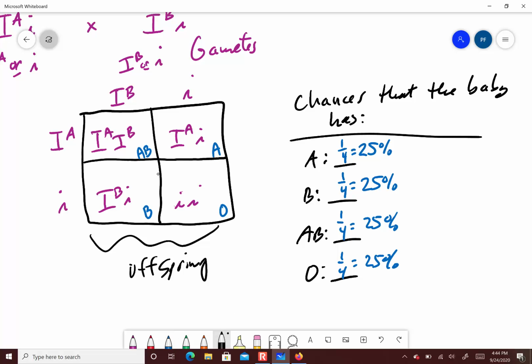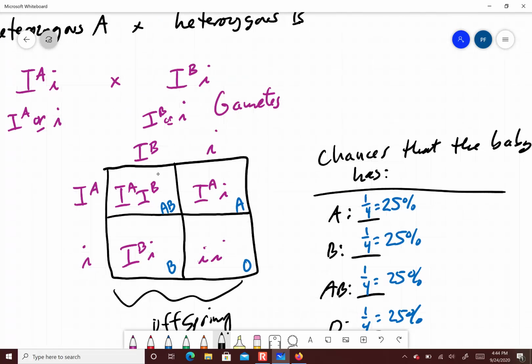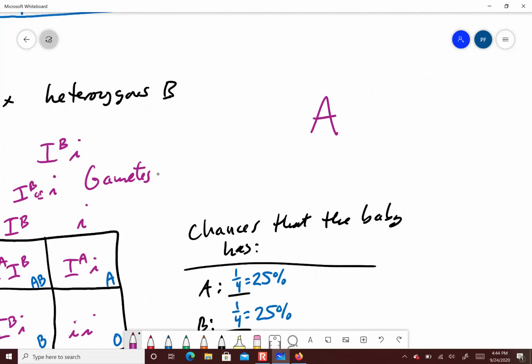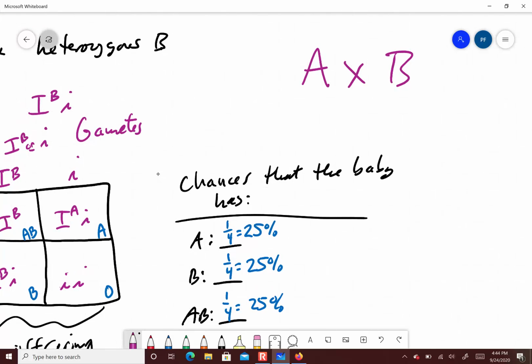And I started with this because in classes you often get questions about, well, if I have this type of blood and my husband has that type of blood, how can our kid have this one? You get a lot of those questions. Look at what we crossed here. If we didn't know all these genetics, we're crossing A with B, and a lot of people think, if I'm A and he's B and we have a kid that has type O, how's that work?